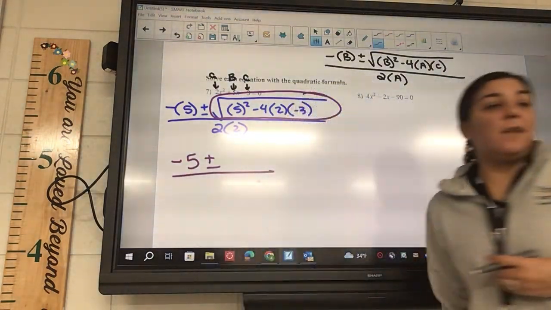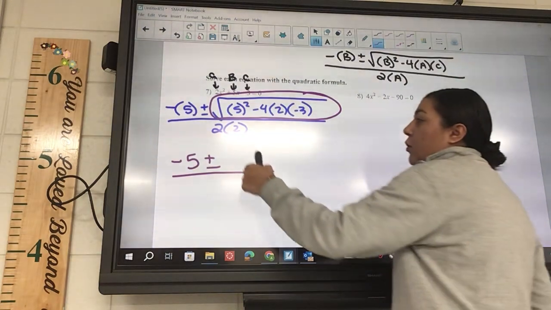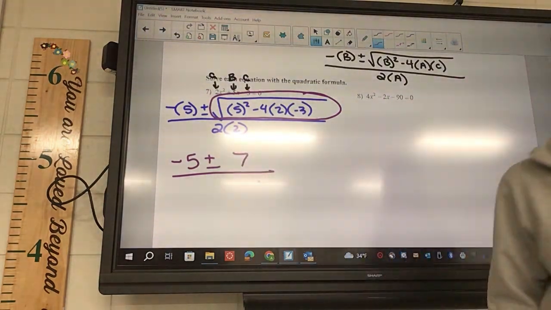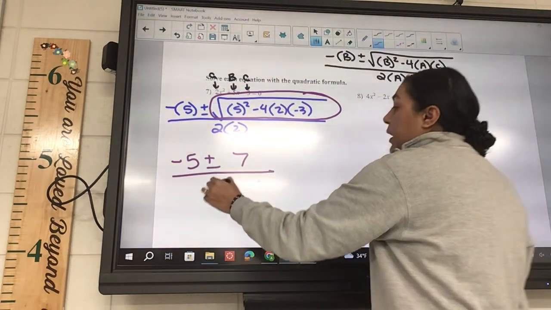Okay, what do you get for the square root and everything underneath of it? 7? Somebody agree with that? Okay, so 7. So for this part, everything I've circled, we're gonna put a 7 there. What's gonna go on the bottom? A 4. So 2 times 2 is gonna be 4. Okay, now we're ready.